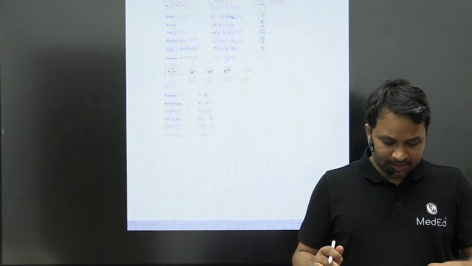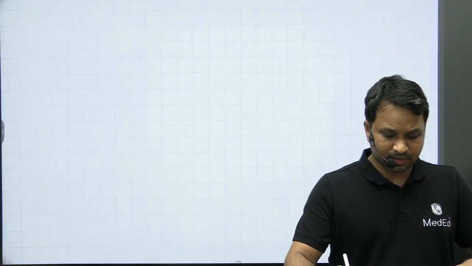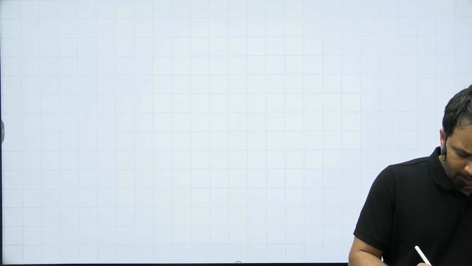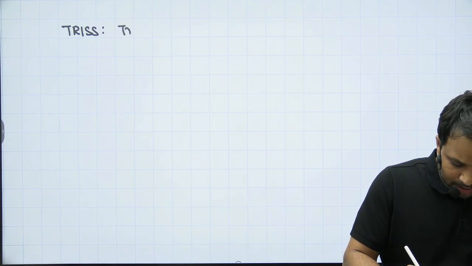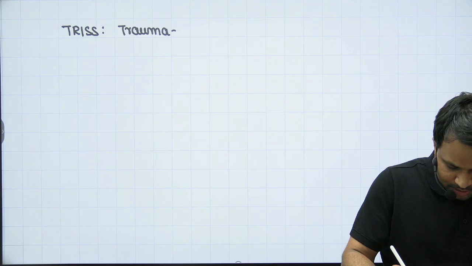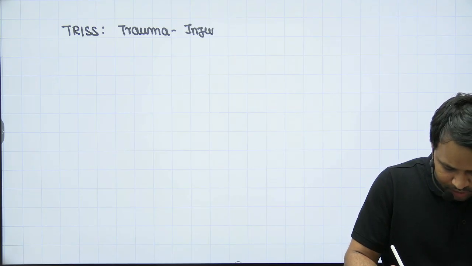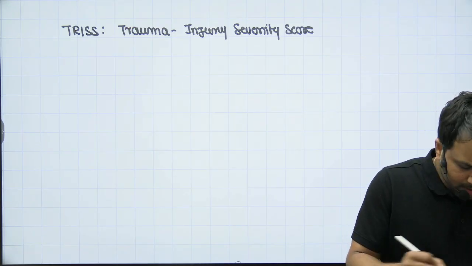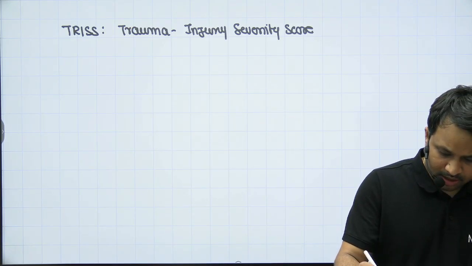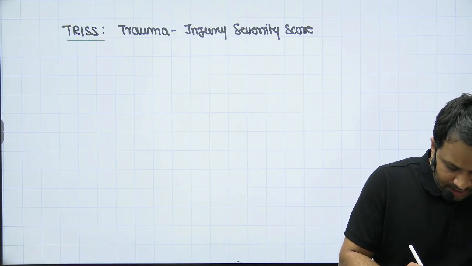Now, to summarize this, we have another scoring system which is called TRISS. Trauma Injury Severity Score. Now, in simple terms, what does the Trauma Injury Severity Score do?